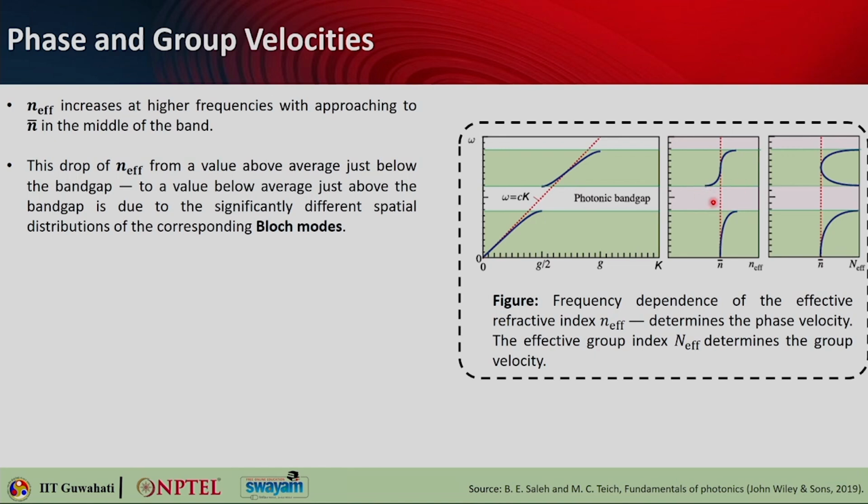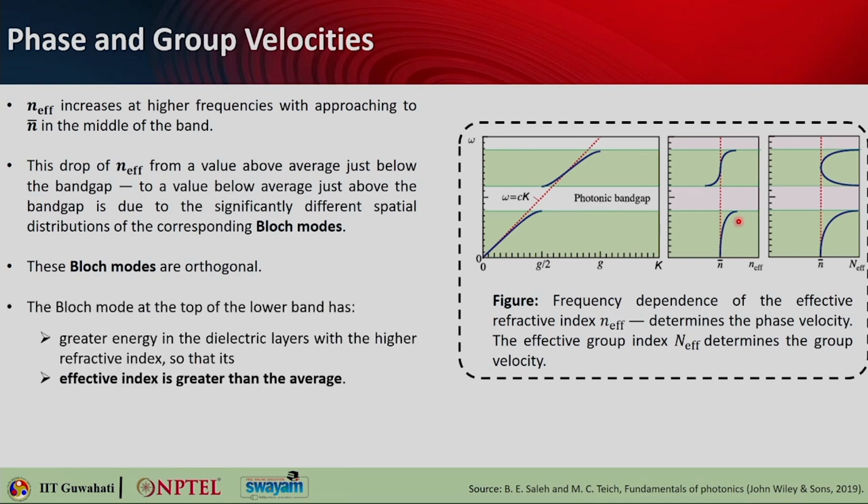So, there is a band gap, because of which the Bloch modes which are propagating here and here are significantly different. So, we do not expect them to have similar kind of feature, and that is why there is a drastic change in this effective refractive index as well. And these Bloch modes are orthogonal to each other. So, there is no similarity basically between these Bloch modes.